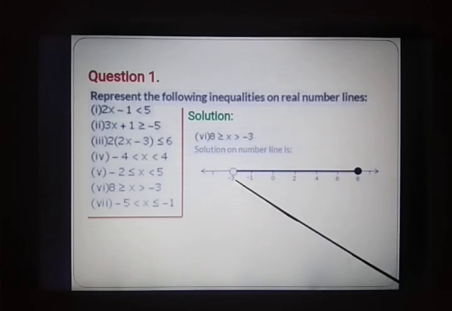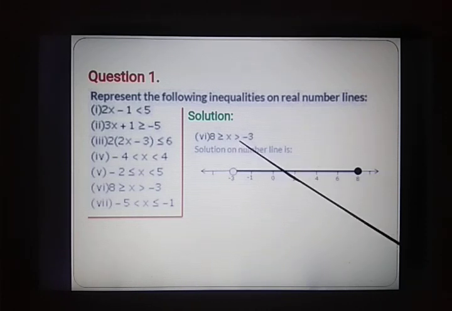So minus 3 is here. Now x is not equal to minus 3. Here we don't have an equal to sign, so that's why we have to put a hollow circle. Now x is equal to 8, so that's why on 8 I put a dark circle.